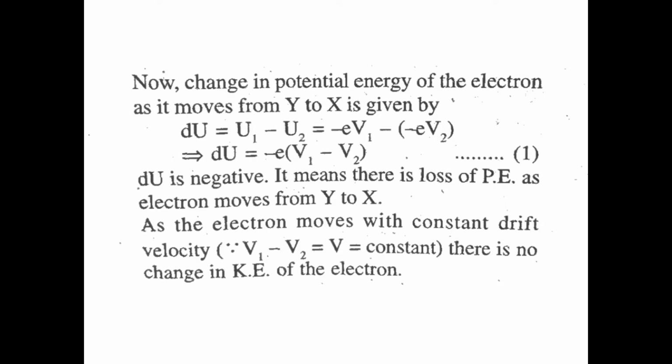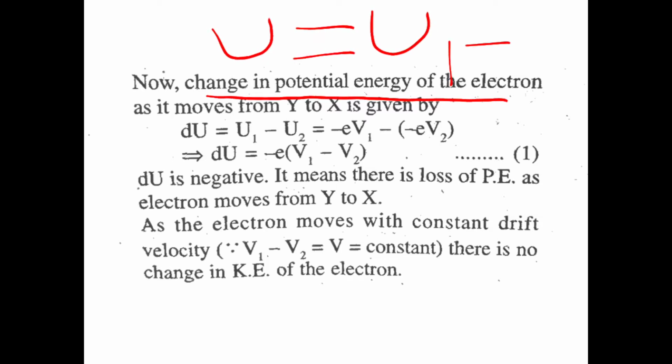Next, now the change in potential energy. We know that for potential energy U, the change in potential energy is equal to U1 minus U2. How can I calculate potential energy? Potential energy U is equal to VQ.